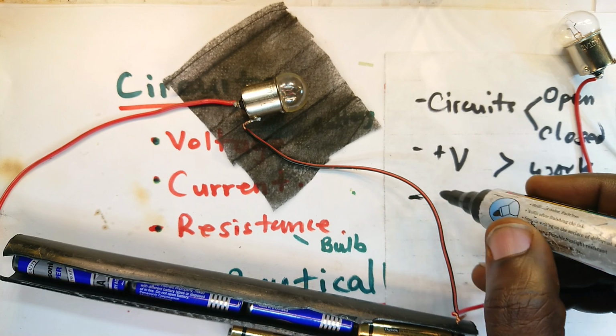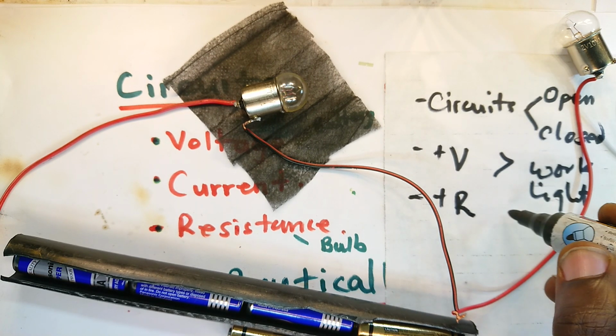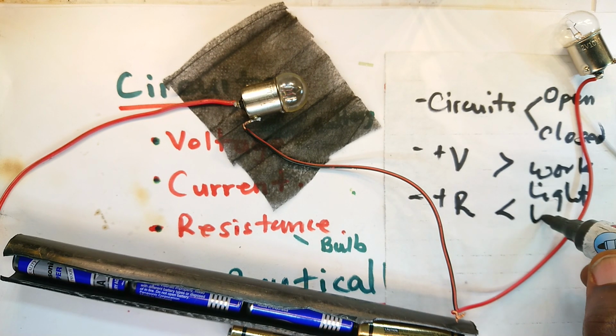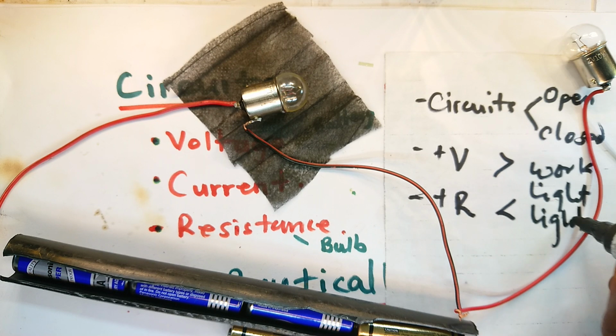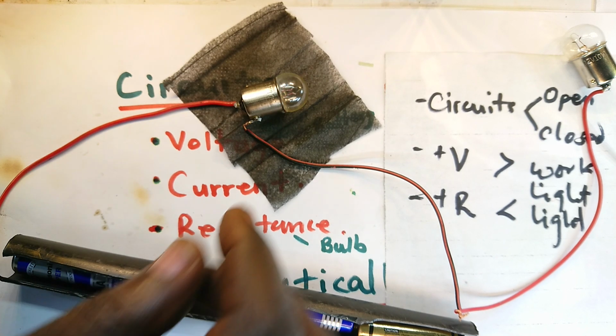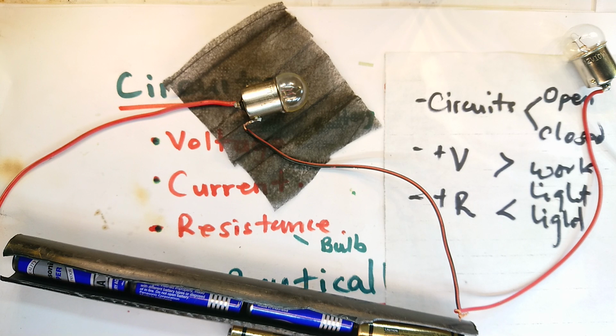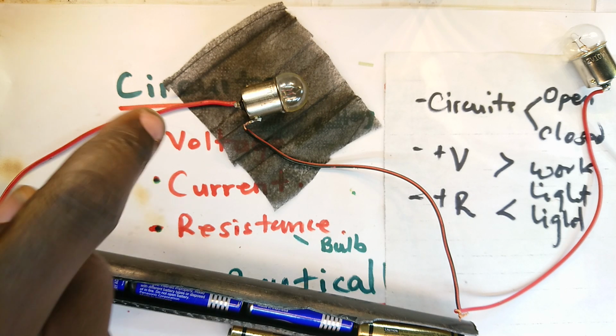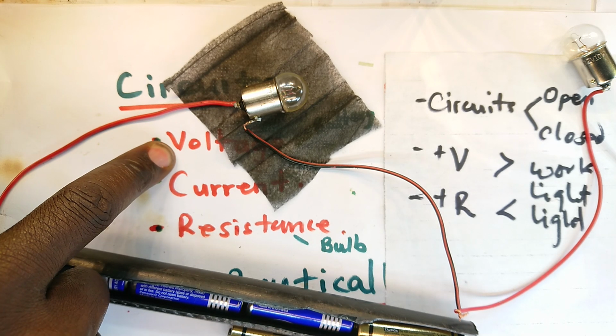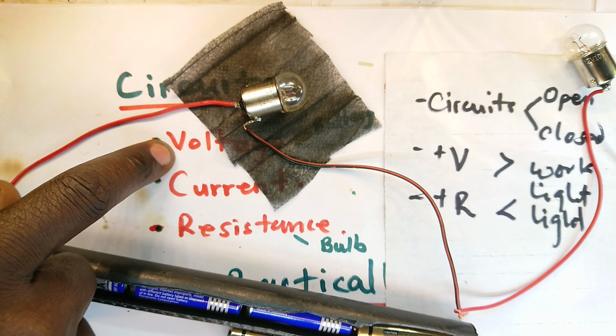And when we increase resistance, there's less light or work done. That is the effect of resistance, because we said resistance reduces the current flowing, and the more the current flowing, the more the work that is done. But for more current to flow, we need a higher potential difference. That means we need more power.